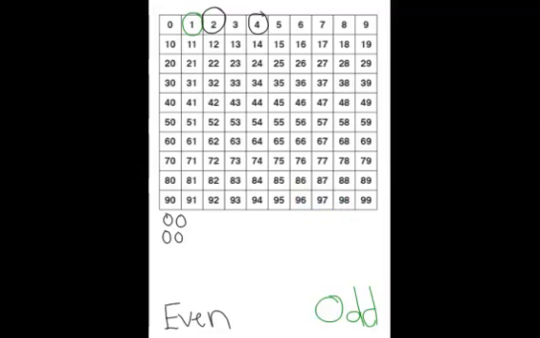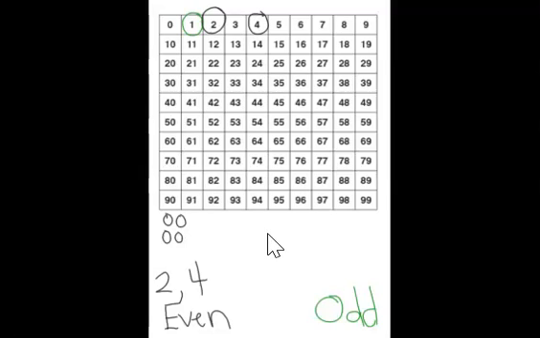Okay, and so we said which number was even, because there are, if they have 2, but also if they have 4, right? See, if they have 4 here, 4 feet, that means there's a pair on each side. Each side has a partner.